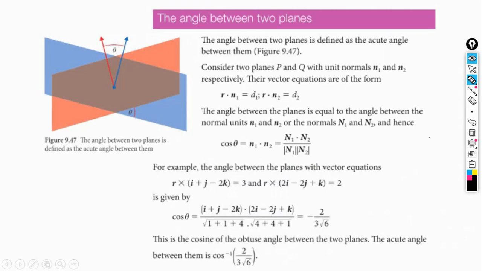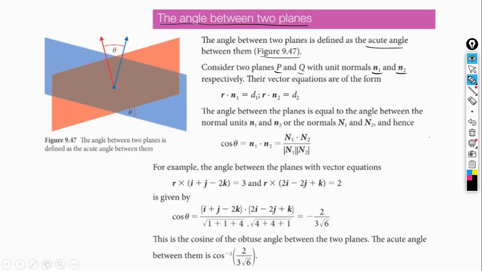So now we're going to take a look at the angle between two planes. The angle between two planes is defined as the acute angle between them, as you can see here in figure 9.47. Consider two planes P and Q with unit normals n1 and n2 respectively.